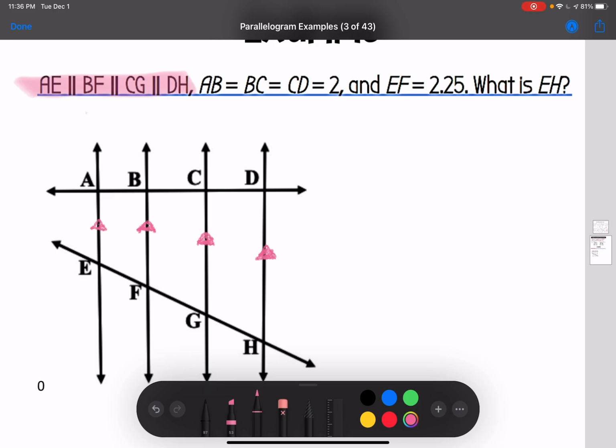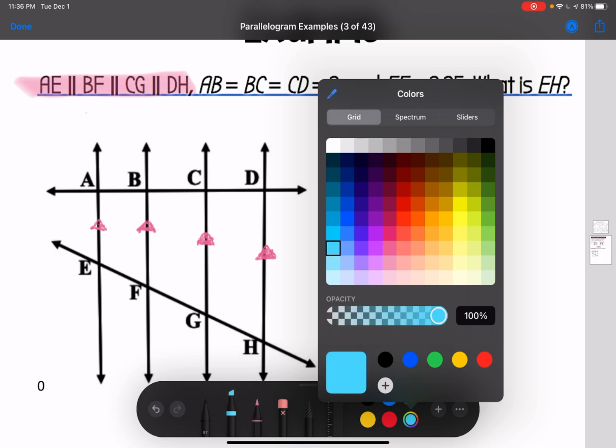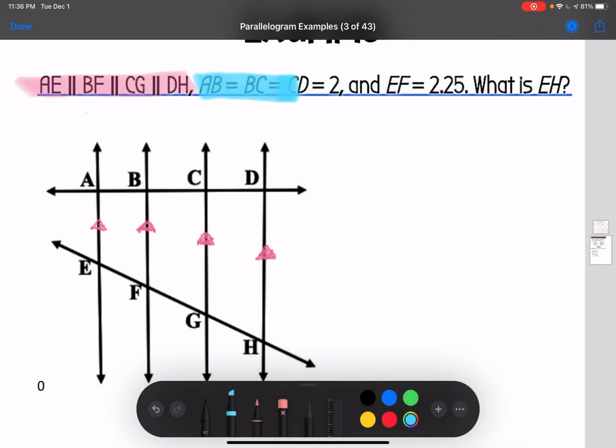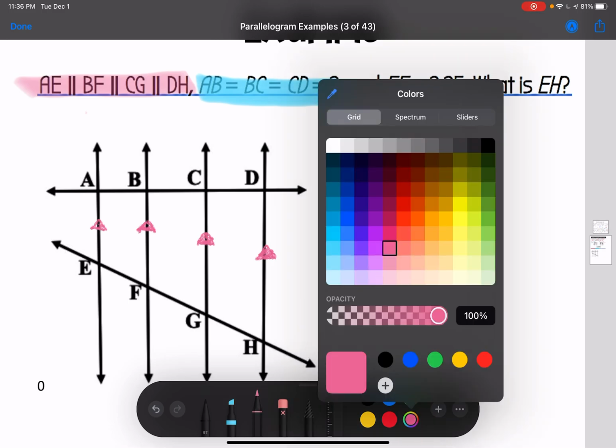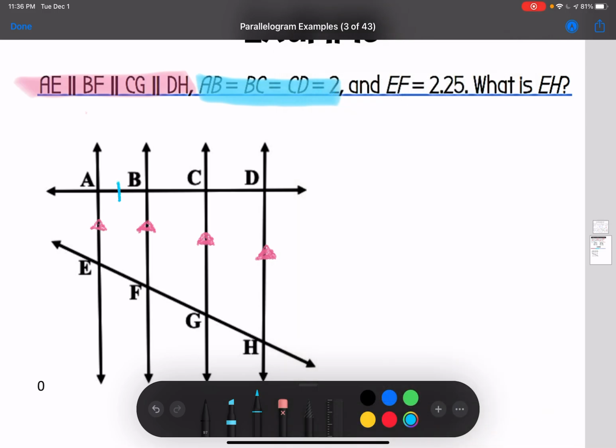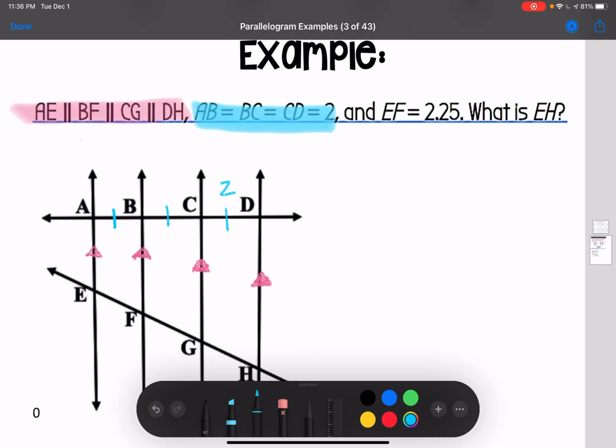Then, and here's that next part, AB is congruent to BC is congruent to CD, which is equal to 2. So the way that I would mark that up is I would do AB, BC, CD, and I would mark this one up as 2. We know that BC and AB are also 2 then.